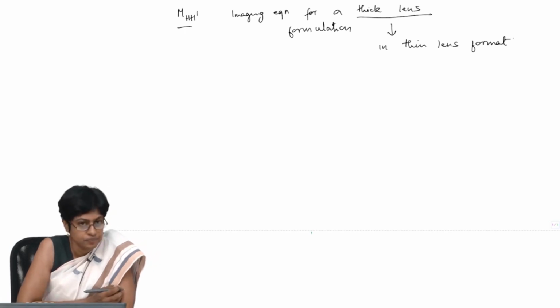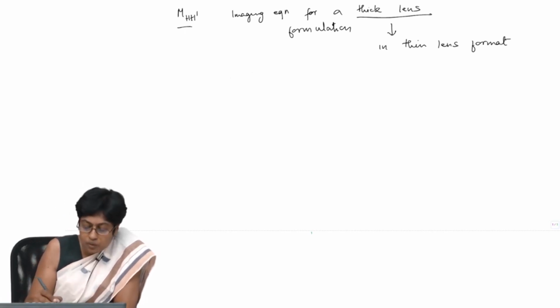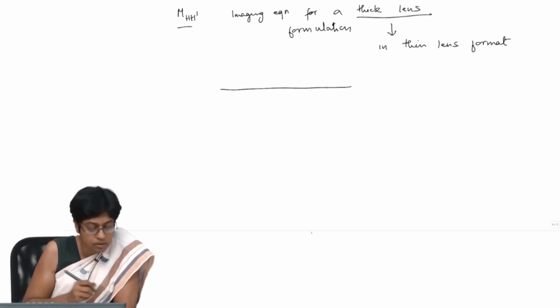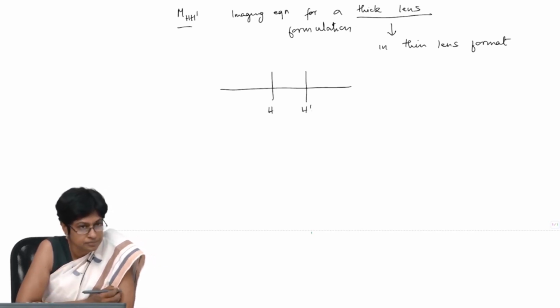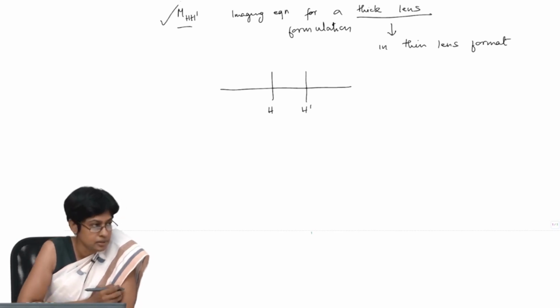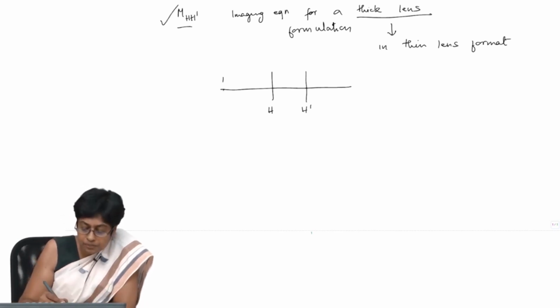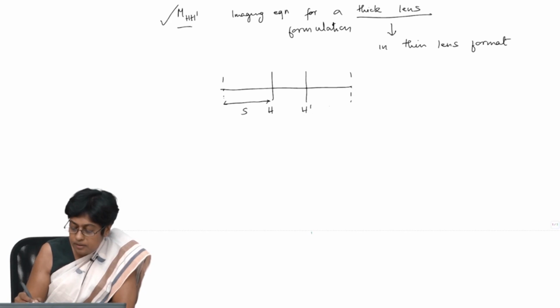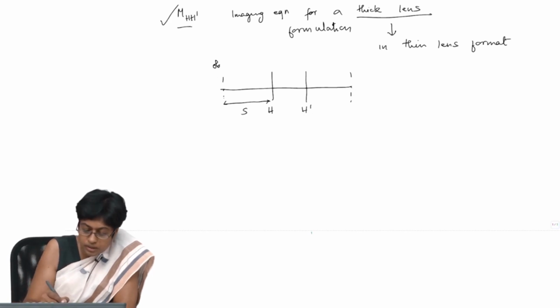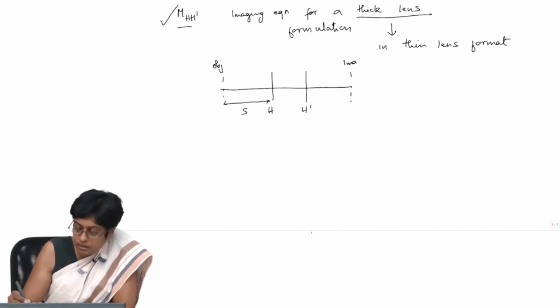Okay, so I will now say that I have my system that is defined by these planes HH dash. Of course, I have this matrix. I now have some distance, and that's my object distance, and we'll call this S, and I have an image. So my object is in this plane, my image is in this plane.